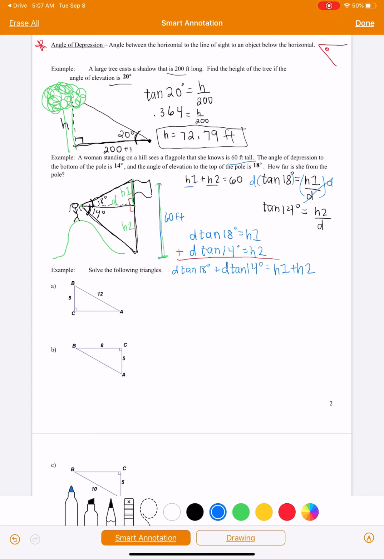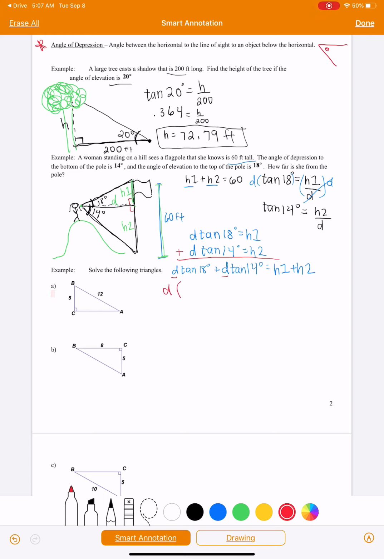All right. Well, the whole thing that I'm trying to find is the side length D, so I want to isolate that variable D. How do I do that? First off, I have D in both terms. It's being multiplied by tangent in both terms, so I could take out D in front as a common factor.